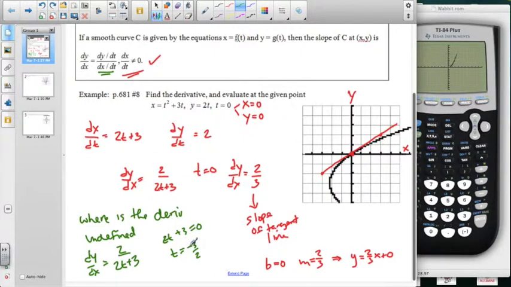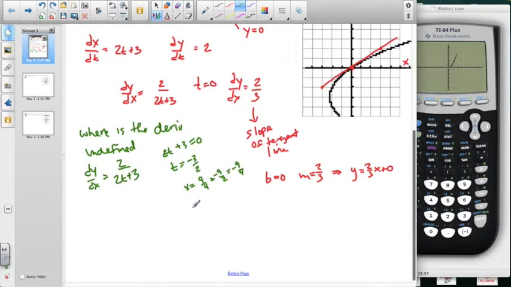And so when t is -3/2, where is that? Well, that's an x value of 9/4 plus a -9/2. So that would be a -9/4. And that would be a y value of 2 times -3/2.